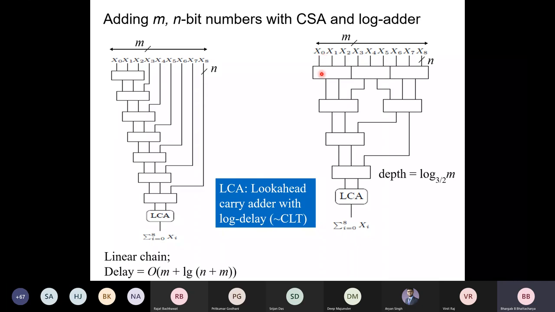The three inputs are being compressed into two outputs, so the depth is log of m. There are m leaf nodes, and at each level three inputs are being reduced to two, so the base would be 3/2.